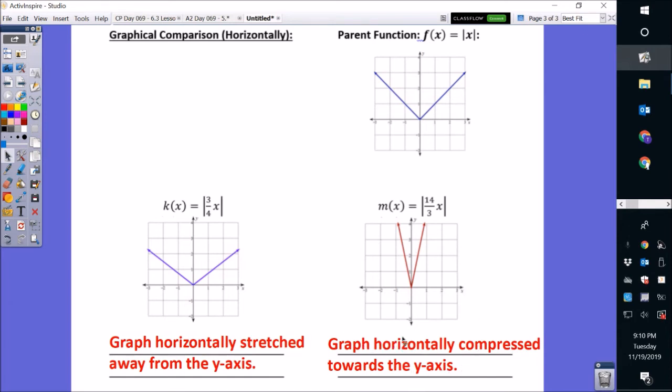But like I said, I'm going to be mostly using the term horizontal compress or horizontally compress. Just be familiar with all the terms because sometimes they're going to be using expand instead of stretch, and shrink instead of compress.